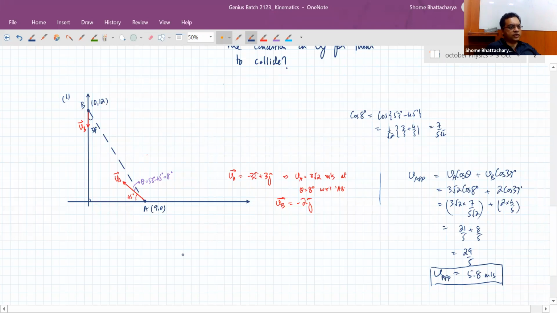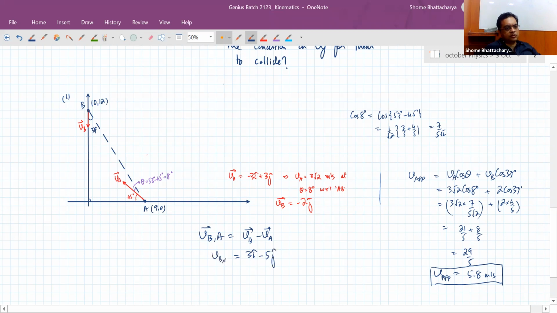I can also do it this way, that I can understand the velocity of B with respect to A. That will become 3 i cap minus 5 j cap over here.